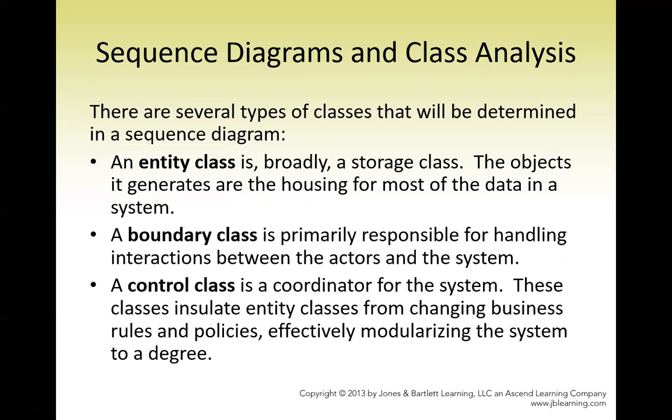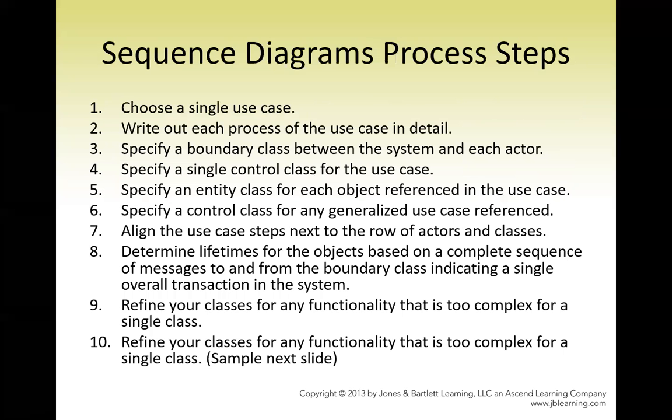A boundary is primarily responsible for handling interaction between the actor and the system. Control is the coordinator for the system. These classes insulate entity classes from changing business rules and policies, effectively modularizing the system to a degree.